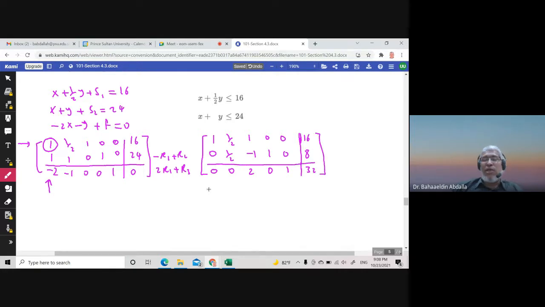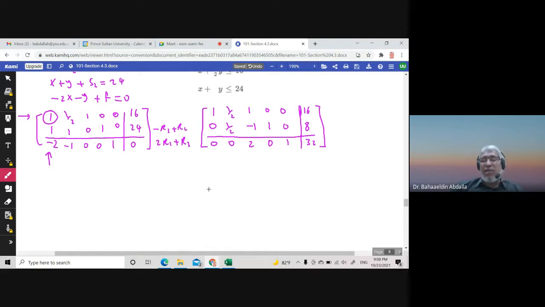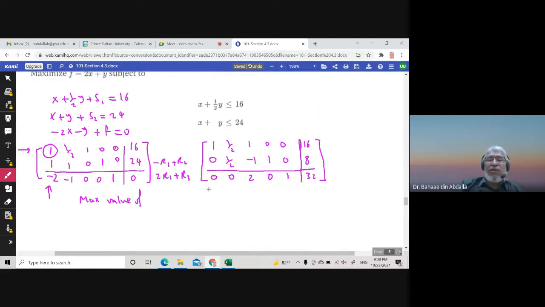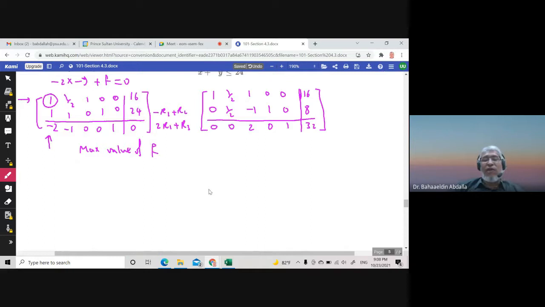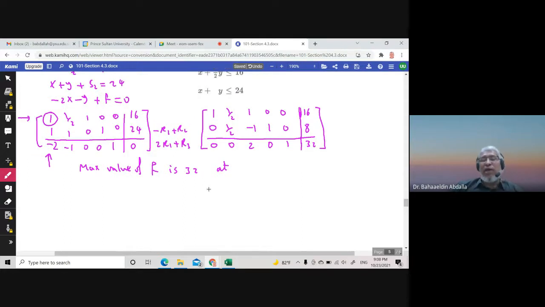Now, is this a final matrix? And the answer is yes, because all the indicators are positive or zeros. So we have a final solution. So the maximum value of f is 32, and it occurs when x is a basic variable, so x is 16. y is non-basic, so y is 0. s1 is non-basic, so we put it 0.